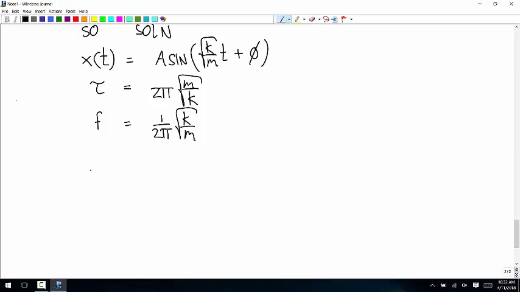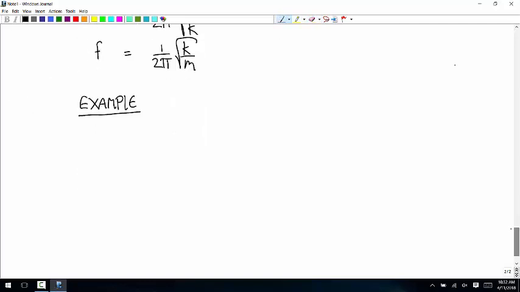So let's do an example. This will also be an example of how to use the boundary conditions to find those constants. So let's say that we have a spring stiffness of 500 newtons per meter and a mass of 0.2 kilograms.